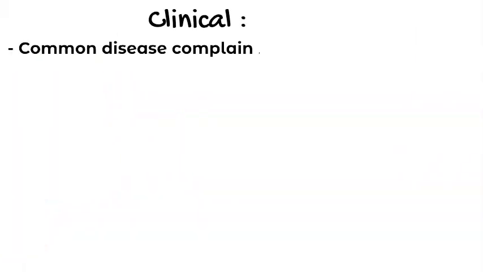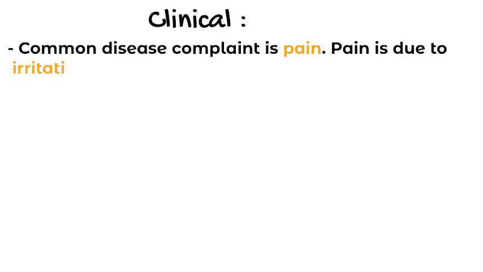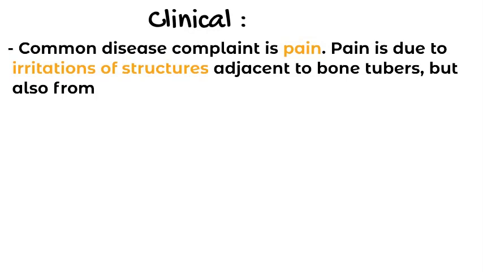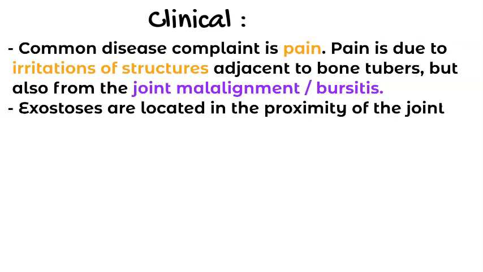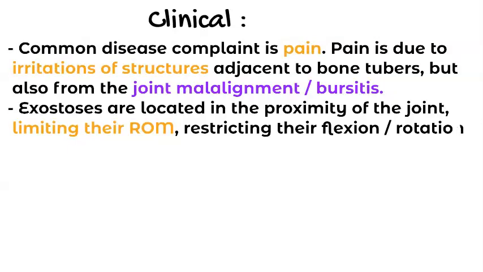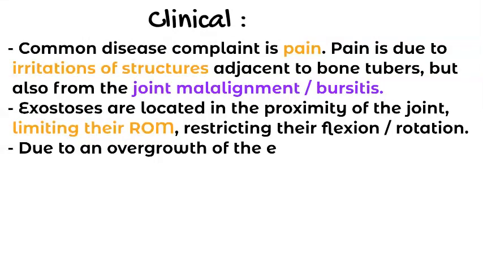The common complaint is pain. Pain is due to irritation of structures adjacent to bone tubers, but also from joint malalignment or bursitis. Exostoses located in the proximity of the joint limit the range of movement, restricting flexion or rotation.